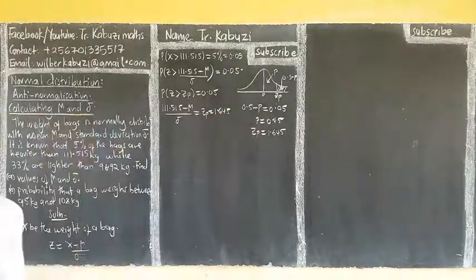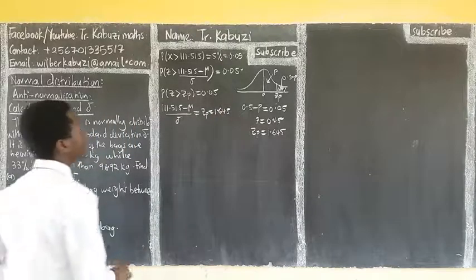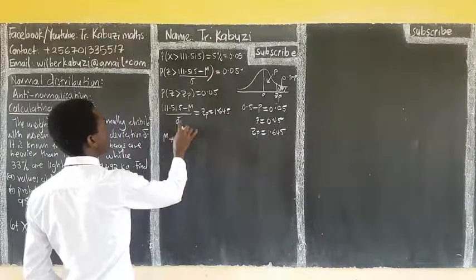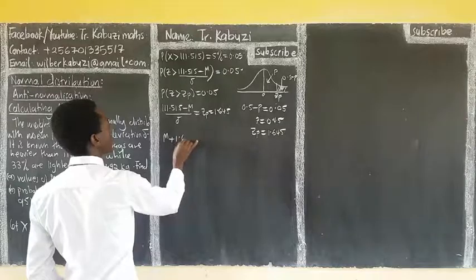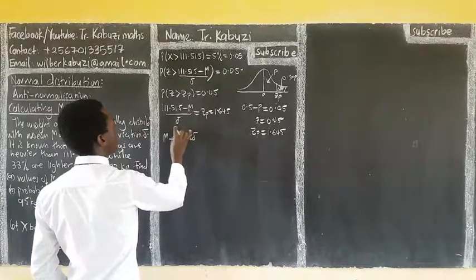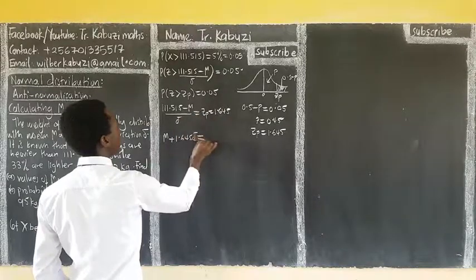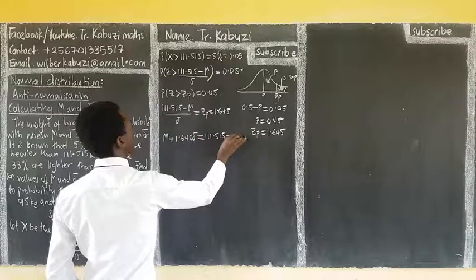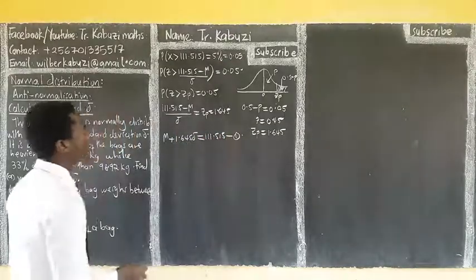So if I cross multiply and make that equation, I'll be having mu plus this times this 1.645 sigma, cross multiply, then take me this side, will be equal to 11. And this will be equation 1.